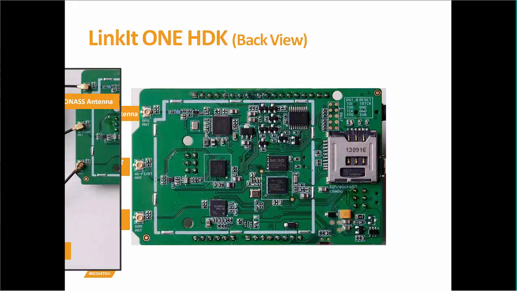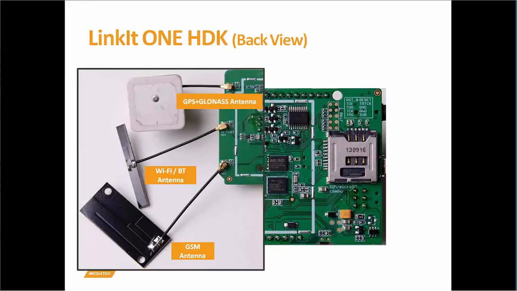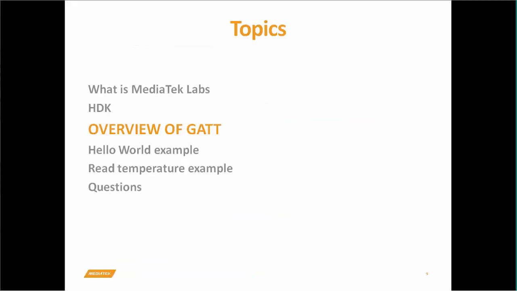I highly recommend that you always connect the Wi-Fi and Bluetooth antenna, the middle one here in the picture, before you start your project with Bluetooth. It just makes sure that you definitely have a good connection going forward. Right, that's everything from a hardware perspective, because the LinkIt ONE has everything on the board already to start programming. So once you've connected your antenna, you then can concentrate on the software.